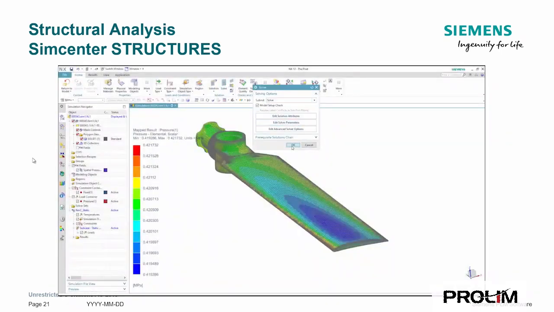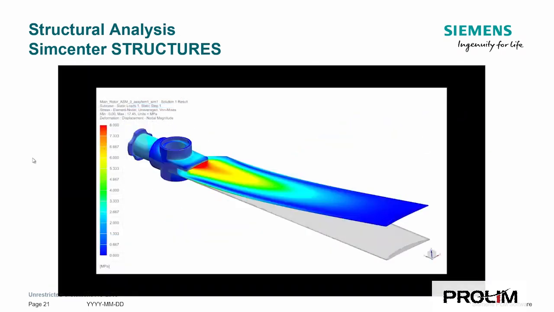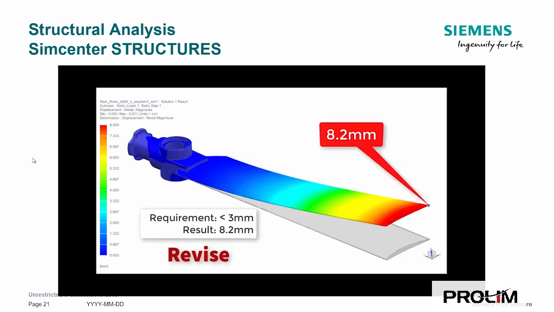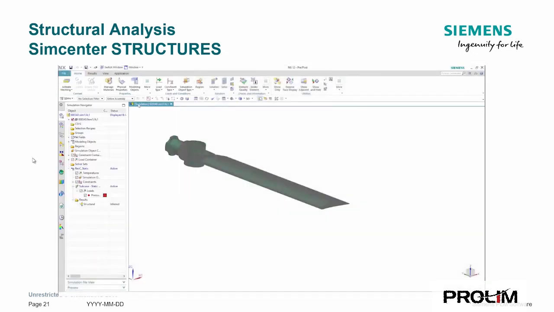Seeing there the mapping happening effectively and the resulting deflection because of that.